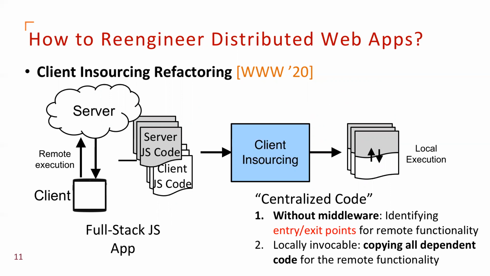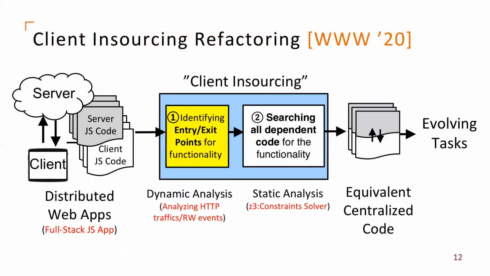Client insourcing renders centralized code for these applications. It means that the client insourcing should identify the entry-exit point for remote functionality without the middleware logic. And second, to render a locally invocable function, client insourcing should search and copy all dependent code for the remote functionality.